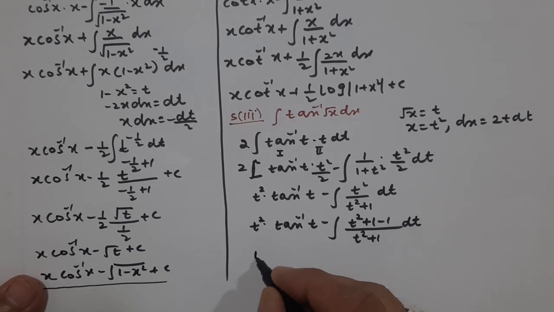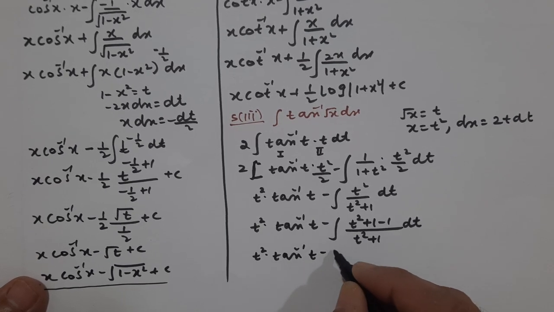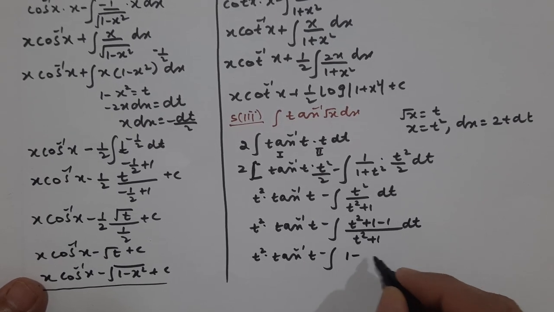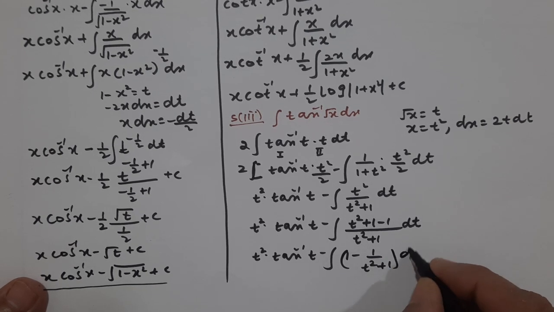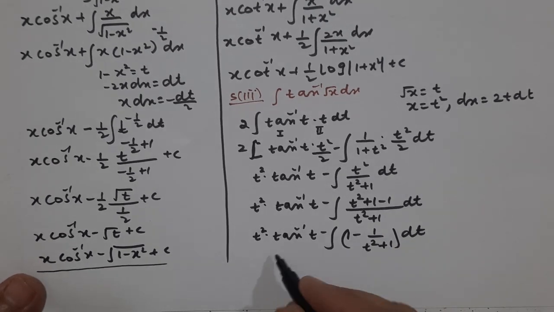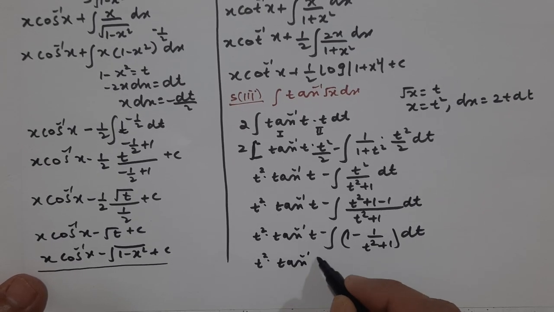Now separating, we get 1 minus 1 upon t square plus 1 dt, like this. So what we get? t square into tangent inverse t.